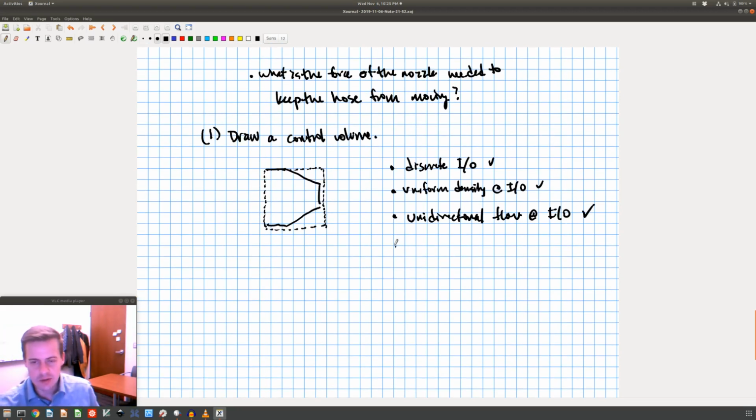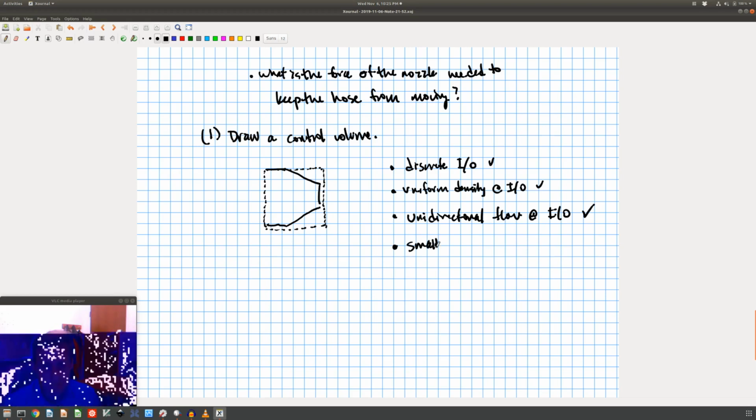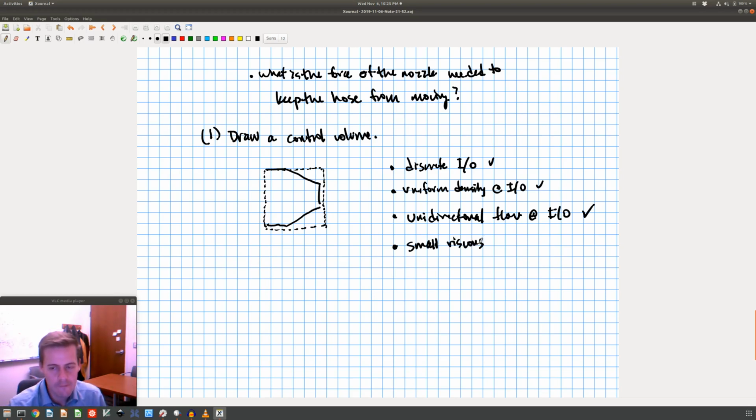So I'm going to say yes, unidirectional flow, at least on average. Small viscous stress at the inlet and outlet. I said for pipes that was good, so I'm good there. The last one is fixed control volume. Mine's not moving, so that's good. So I can use the engineering balance, and I'll write my balance.